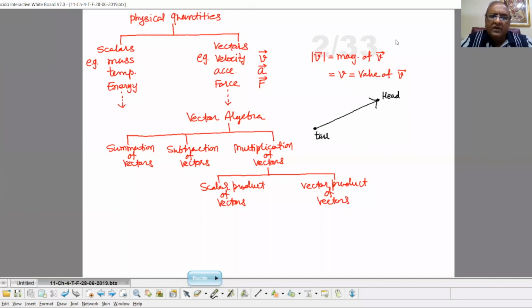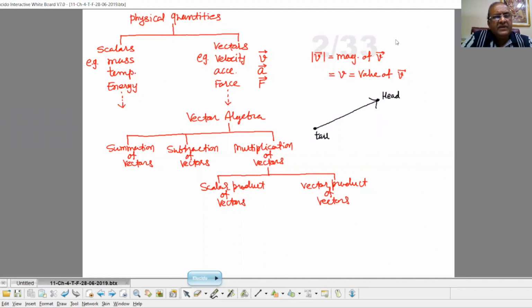But for scalar physical quantities, there is no special algebra. The algebra is our conventional one, as we study in mathematics.